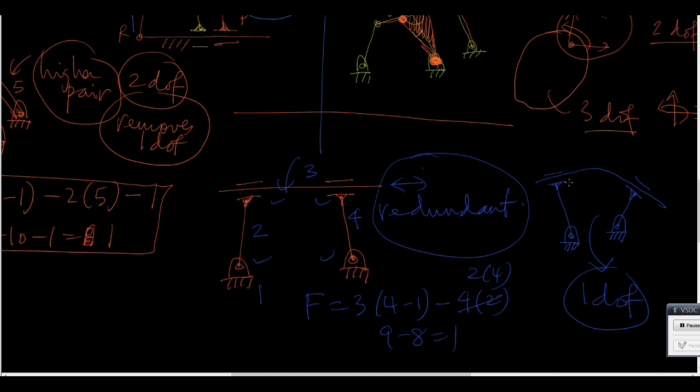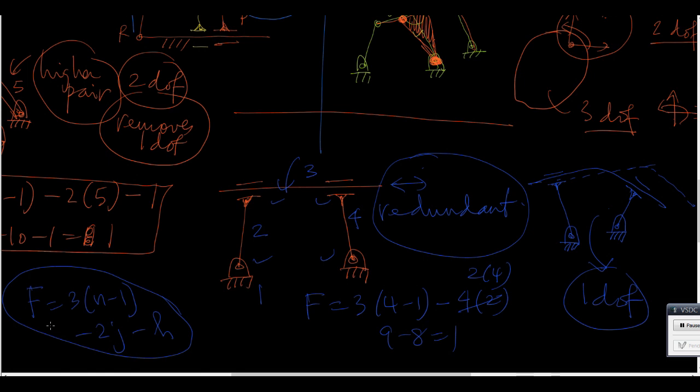Why is it not redundant? Because if I try to slide this one out, then it will come like this, right? You see, and that's not possible. So you can see that you can't just move one of them without moving any of the others. This formula remains correct. F equals 3 times n minus 1 minus 2j minus h.